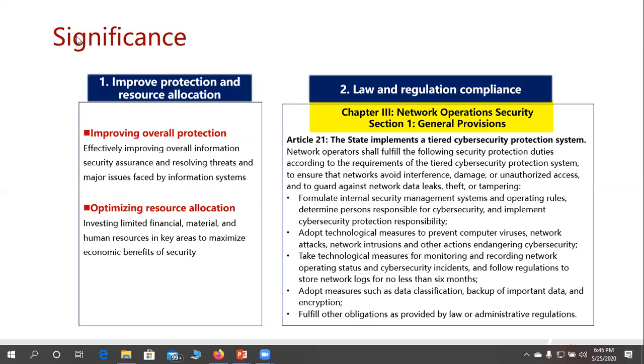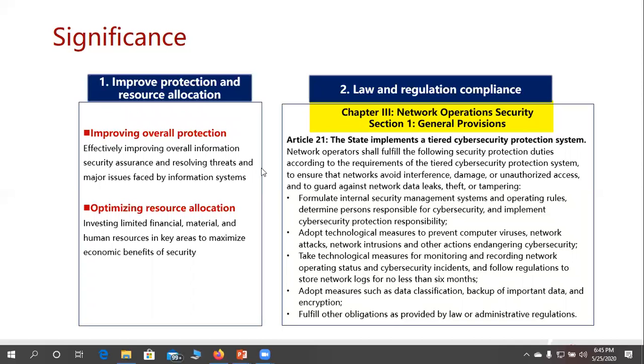All right. So you can see why having the graded protection in place improves protection and resource allocation. Okay, improving the overall protection. That is effectively improving overall information security assurance and resolving threats and major issues faced by information systems.